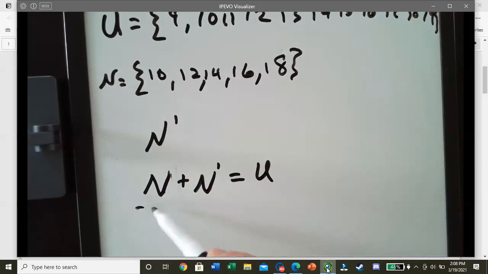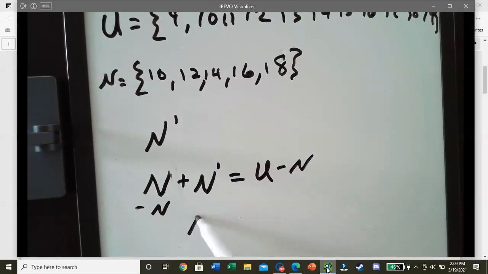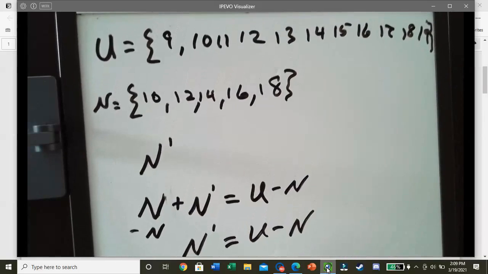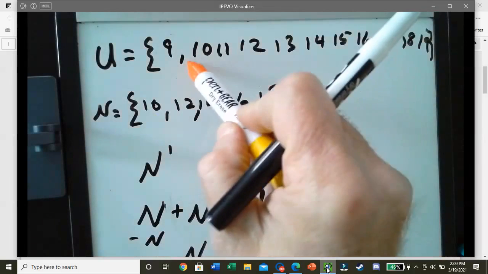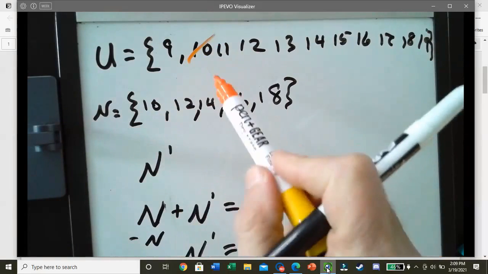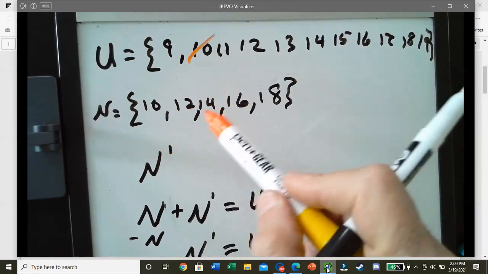So the complement is the universal set minus what is in set n. If we look at set n and cross out everything in the universal set that's in set n, that's going to be our complement.